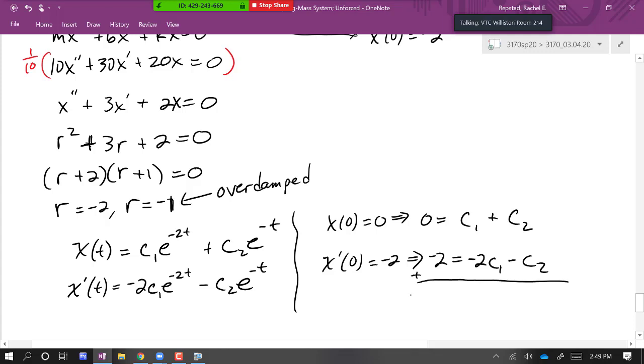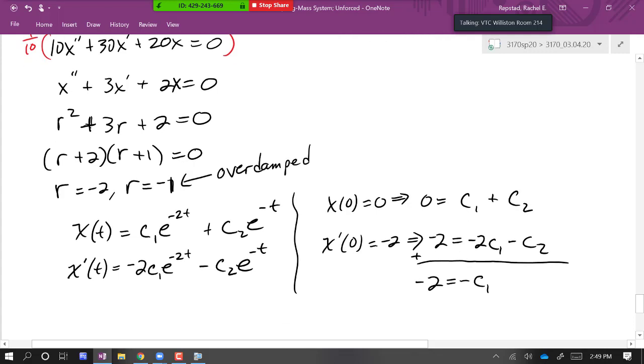Once again, this one works out nicely if we just add these equations together because the c2's will cancel each other out. So we end up with negative 2 is equal to negative c1, or c1 equals 2. And if c1 is equal to 2, that means that c2 is equal to negative 2, using that top equation.